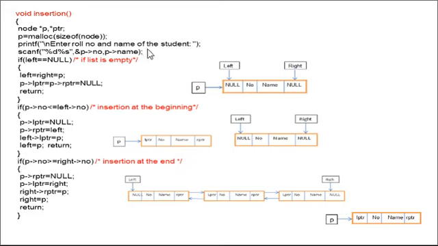And enter the roll number and name of the student. So if you enter the roll number and name of the student, that is P of number and P of name, so that stores the number and name.